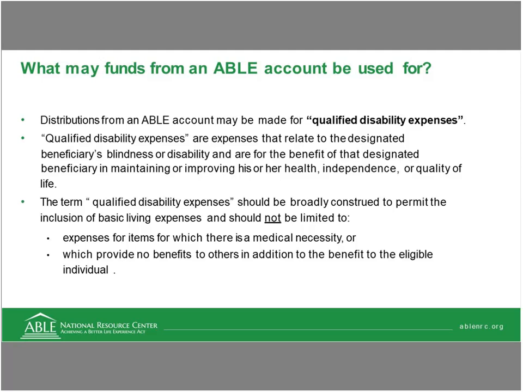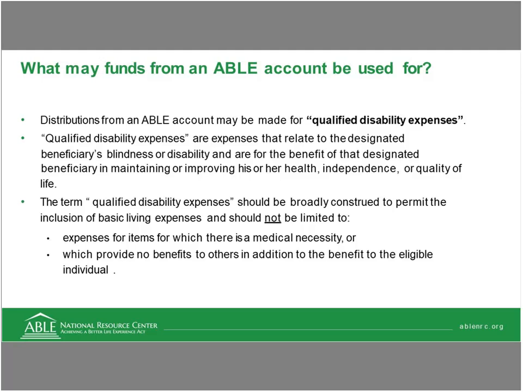And as you can imagine, that is an extremely broad definition of what these funds can be used for. We wanted to encourage Congress and encourage Treasury, who's the one overseeing this program ultimately, to provide for a broad definition, because we appreciate the various needs and the spectrum of the needs of people with disabilities, especially those with such severe disabilities that would allow them eligibility to open an ABLE account.